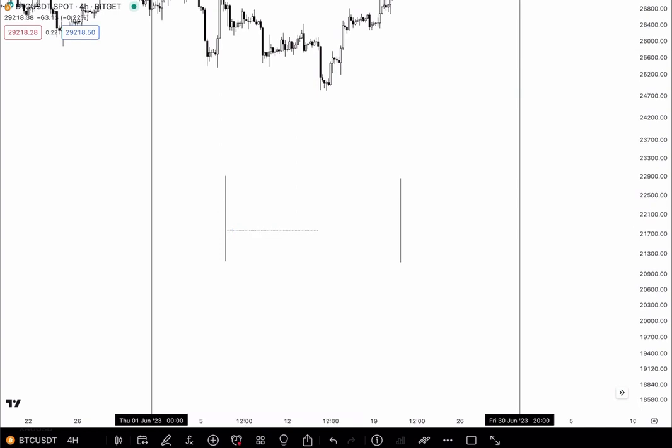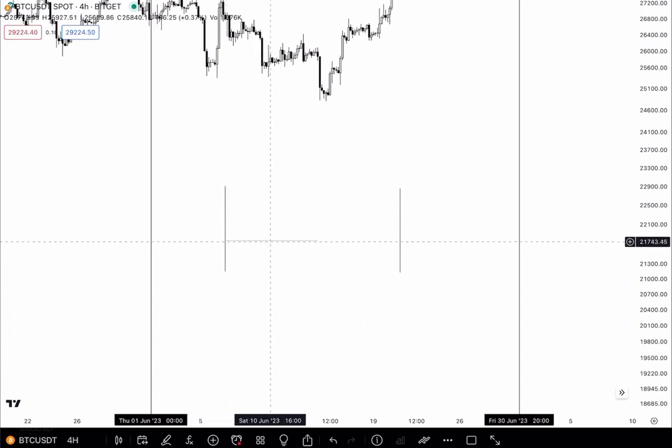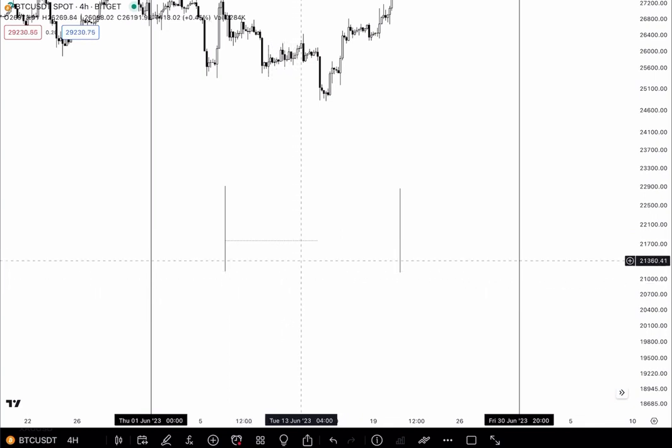So the opening time is there, the opening price, and you expect below the opening price a range to form, CSD, and you rally.